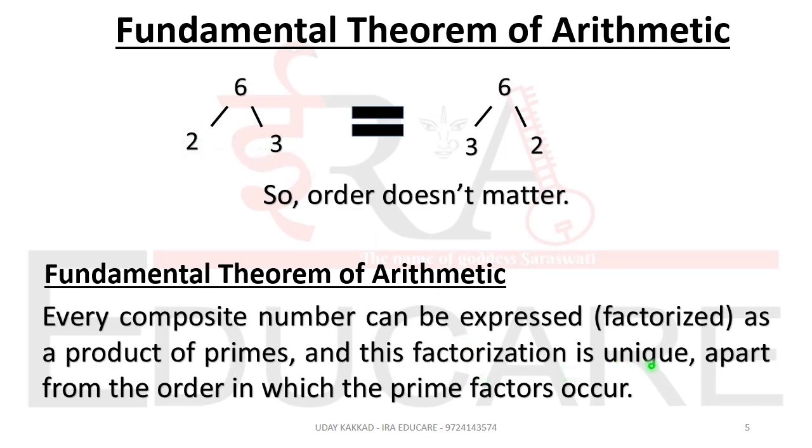And this factorization is unique, apart from the order in which the prime factors occur. It does not matter whether 2 occurs first or 3 occurs first; it does not affect the result.